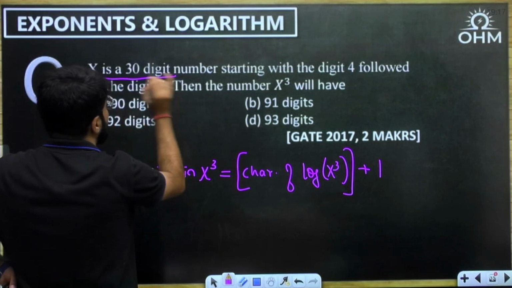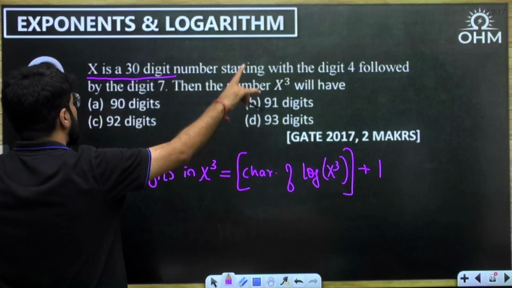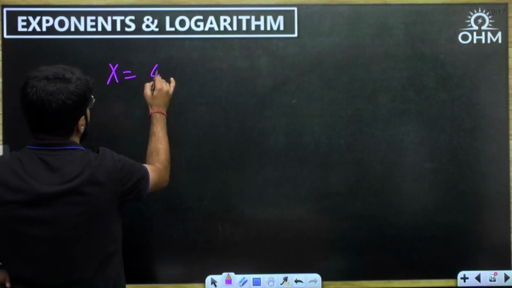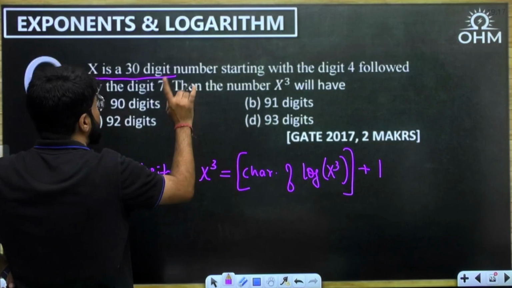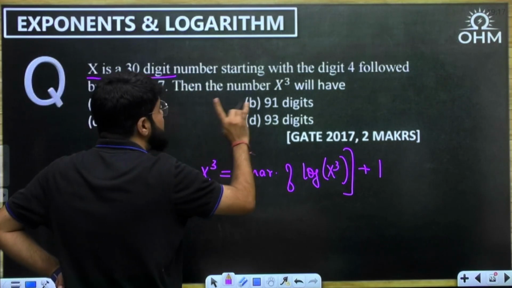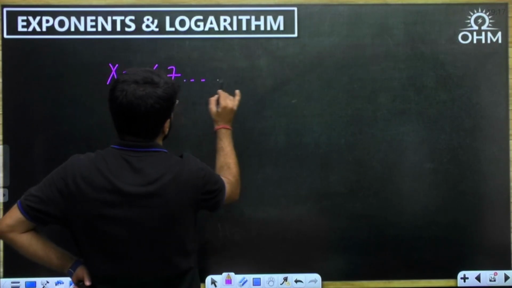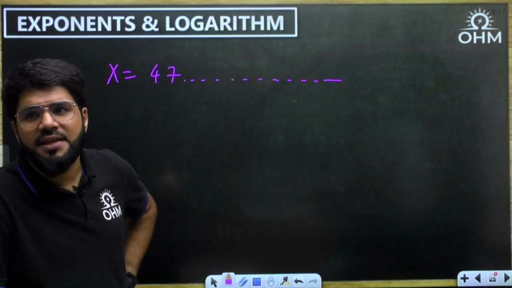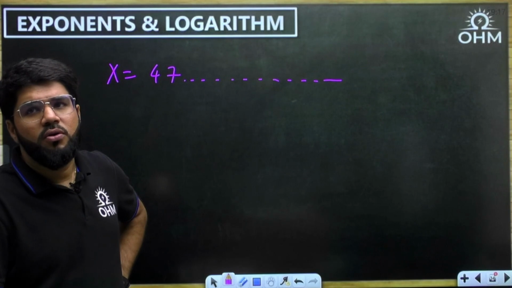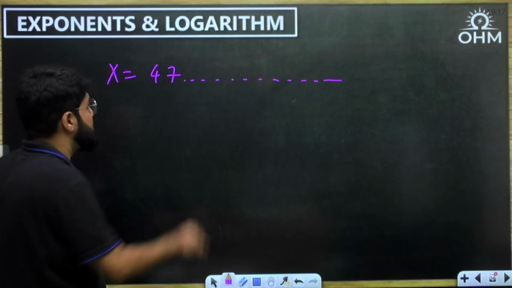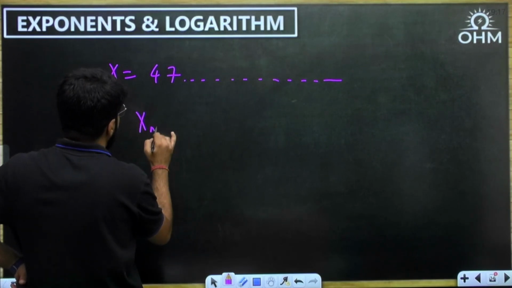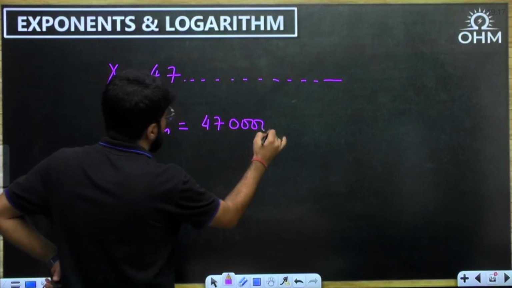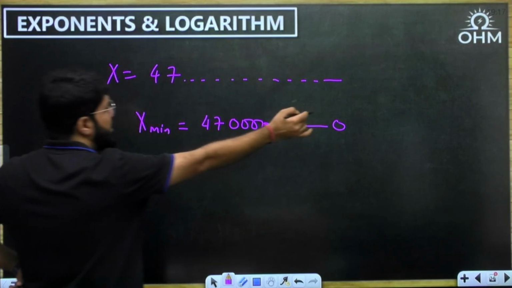X is a 30-digit number starting with 4 followed by 7, and only 2 digits are given. The remaining 28 digits are missing. So what is the minimum possible value of x? Minimum possibility means all the remaining digits are 0.